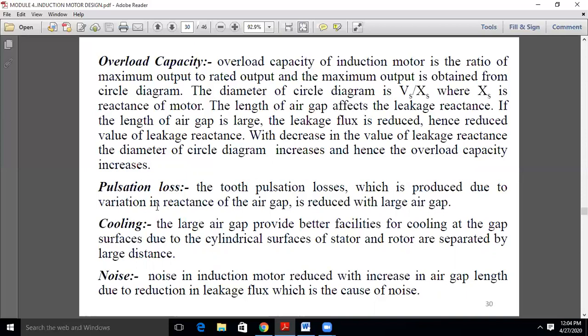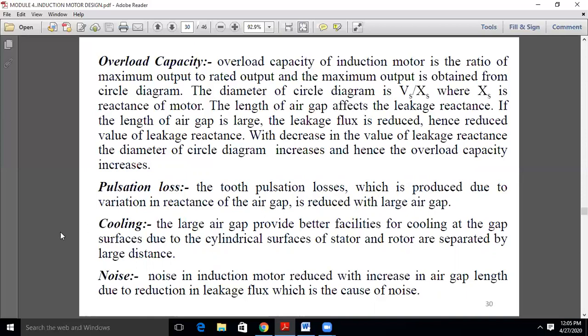Third is the pulsation loss. As the air gap increases, the tooth pulsation losses, which are produced due to the variation in reluctance of the air gap, are reduced.